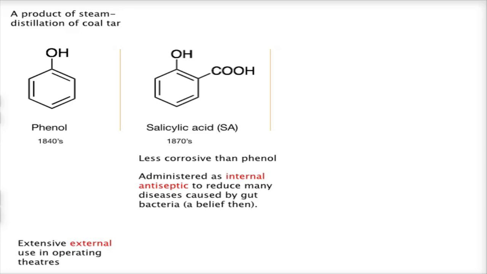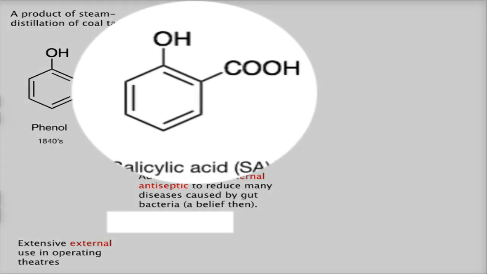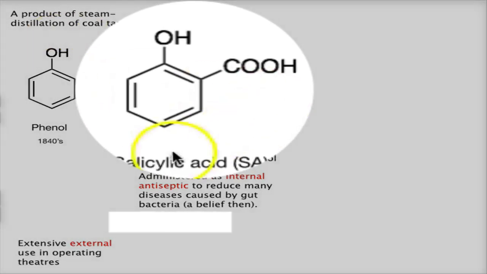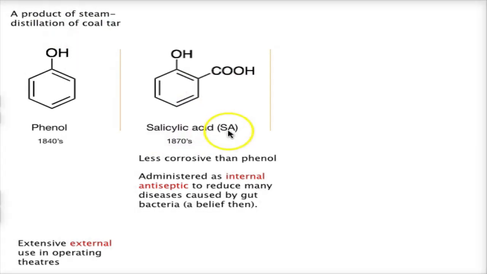So back then there was a belief that if you change a bit of the phenol group and add on a carboxylic acid, in this case you get salicylic acid. Taken internally, it can act as an internal antiseptic, to reduce infection by gut bacteria.